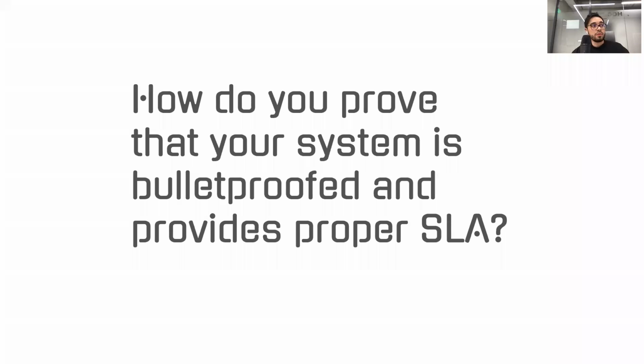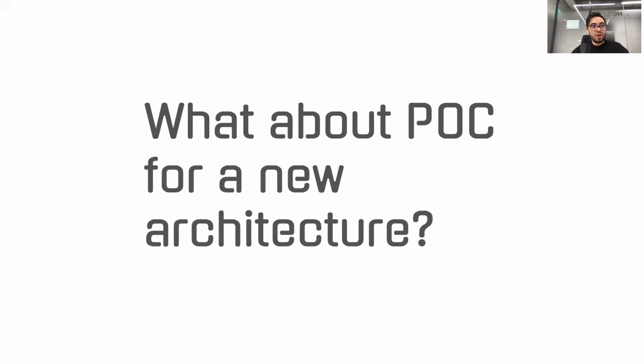Then how do you prove that your system is bulletproof and you can provide a proper SLA? Also, what about POC? Usually, especially if you're dealing with high load systems, you're doing a POC, and how then can you prove your architecture?